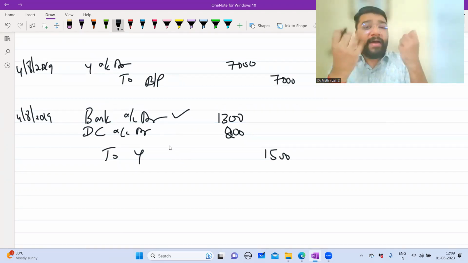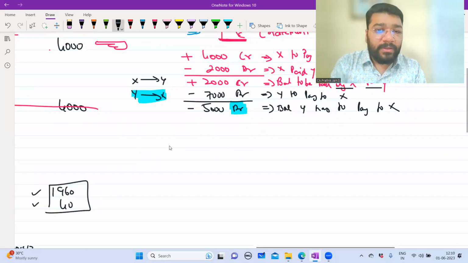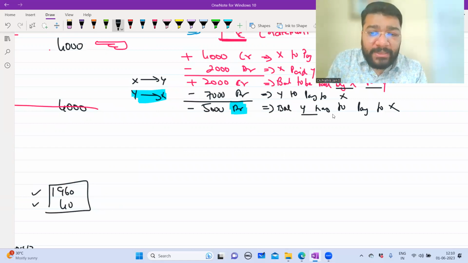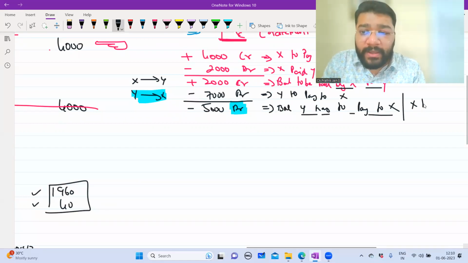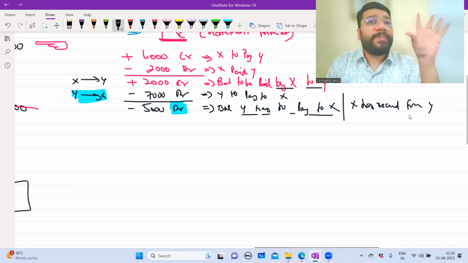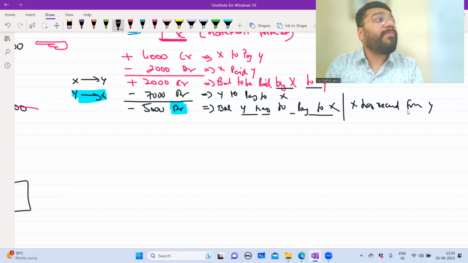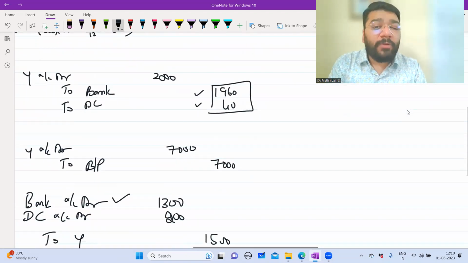We have to receive from Y how much? Some 5,000 rupees. Correct, no? Yes, we are supposed to receive. Y has to pay to X, or X has to receive from Y. How much? 5,000 rupees. X has to receive 5,000 from Y. So Y has given us how much? Out of 5,000, how much is given?